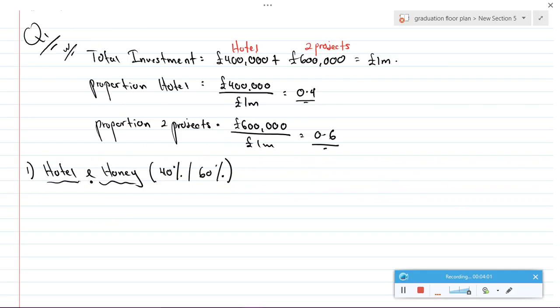Now first you calculate the expected return. Okay, what is the formula, class? What is the formula?